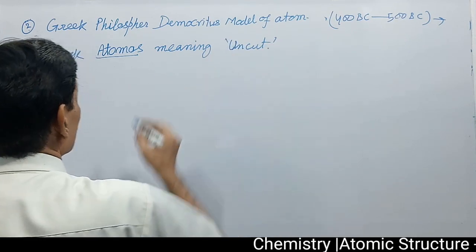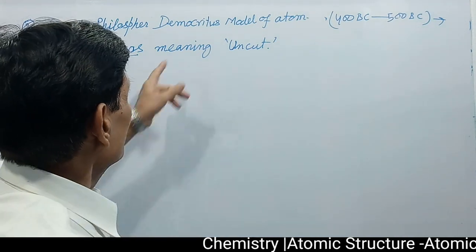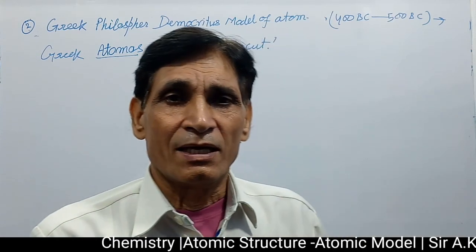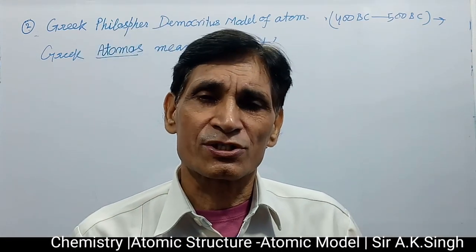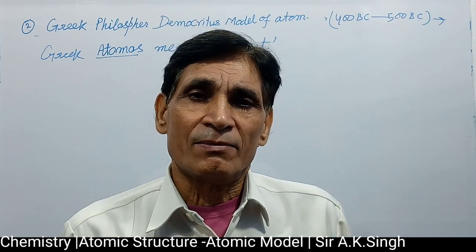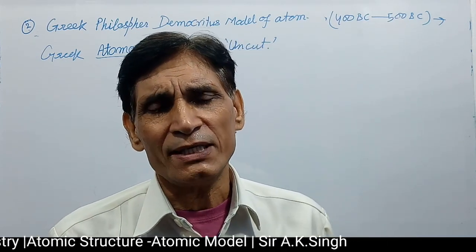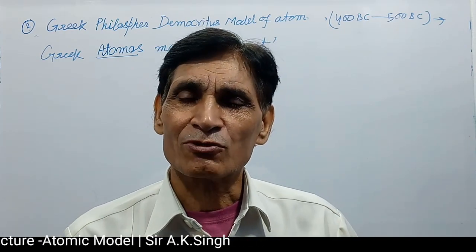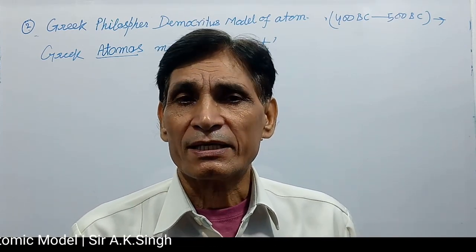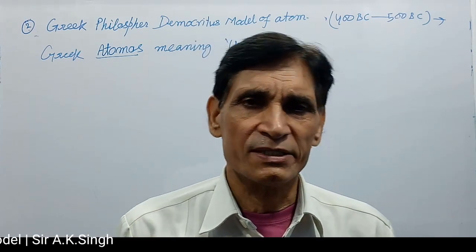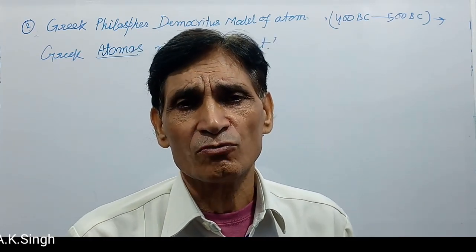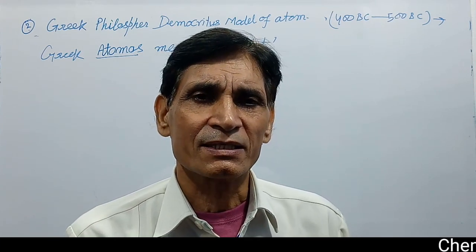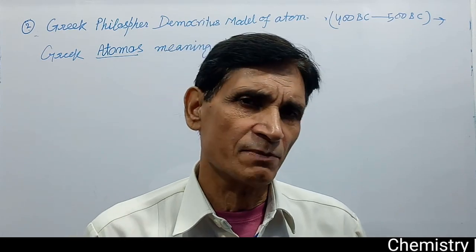This is the philosopher Democritus model of atom. Matter is made up of extremely small indestructible particle, that Parmanu were called atoms according to Greek philosopher Democritus, and atomos in Greek word, its meaning is uncut, means cannot be divided, cannot be broken into other simpler particle.